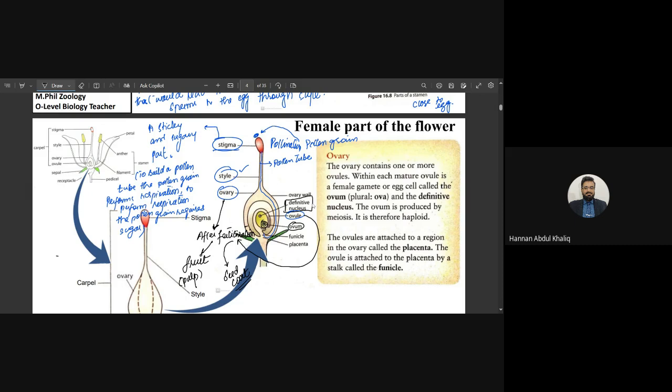This definitive nucleus is very important, but we will not discuss it here. So obviously we need to know what the labels are. Did you understand all this? Yes. The conversion of ovary and ovule is very important to understand, and also where the egg is placed. First the ovary, then the ovule, and then the egg. And the definitive nucleus placed close to the egg is also very important.